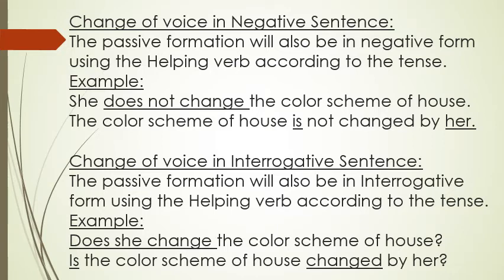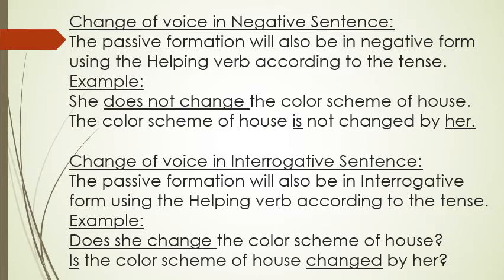Now does not change is indicating the present indefinite tense, and for the present tense, the helping verb is used. So the same rules will be applied and not will be added in the sentence. So the passive formation of the given example would become, the color scheme of house is not changed by her.